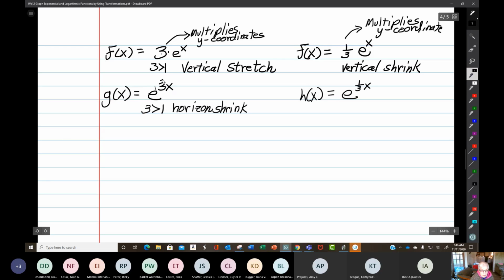So this number divides the, I'm going to write it down below because that's just too small. The 3, let's see, how can I say this? All of the x coordinates of all the points are going to be divided by 3. 3 divides all the x coordinates.